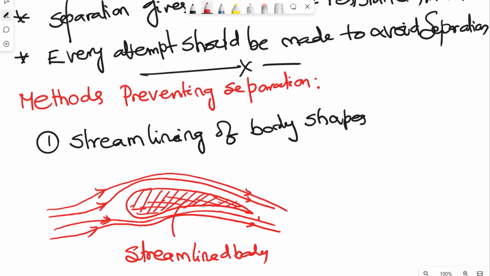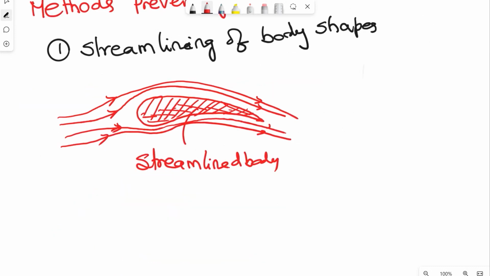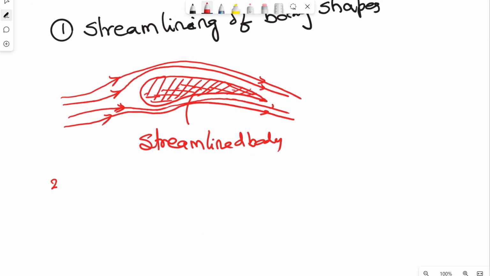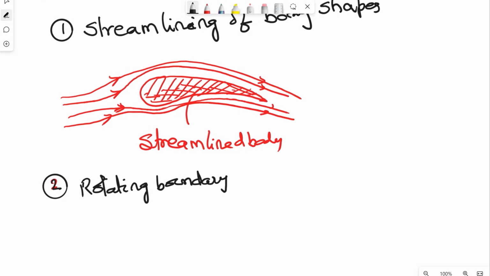Number two is the rotating boundary. In any fluid flow problem, a rotating boundary actually helps in avoiding separation.